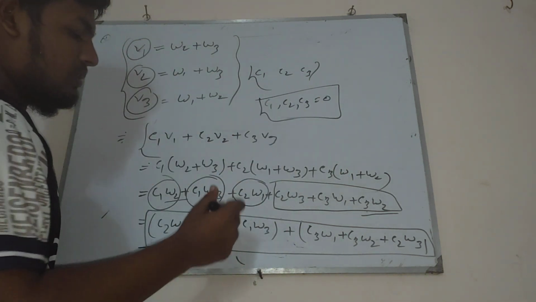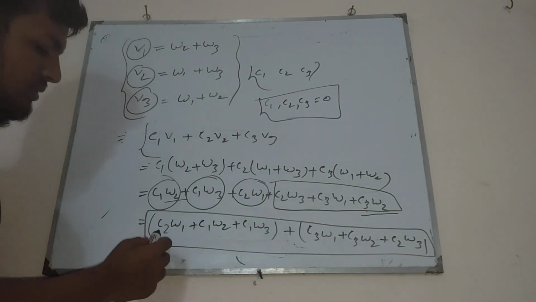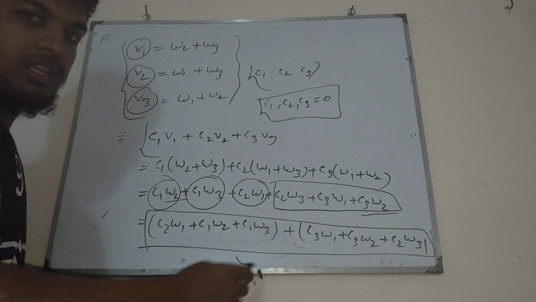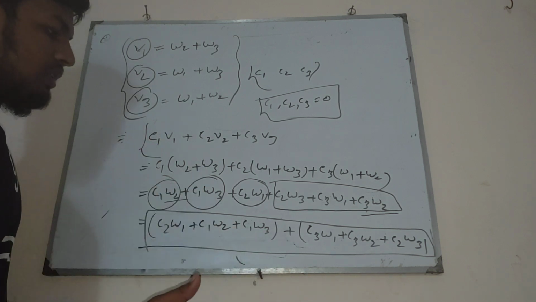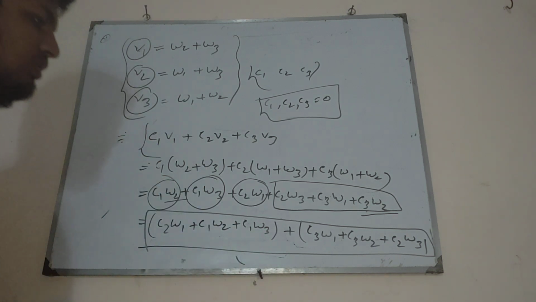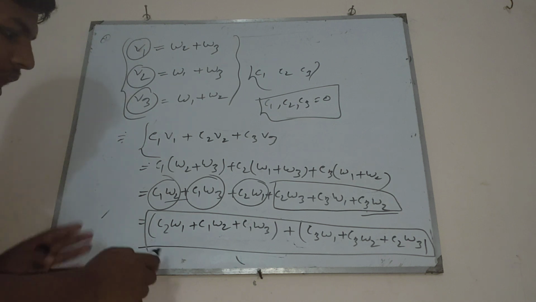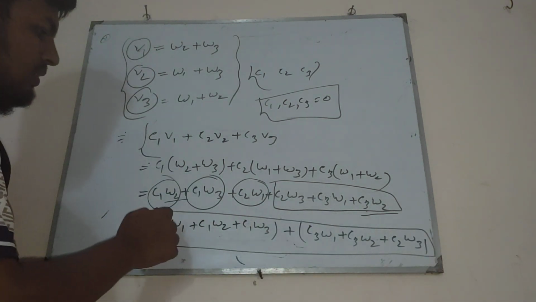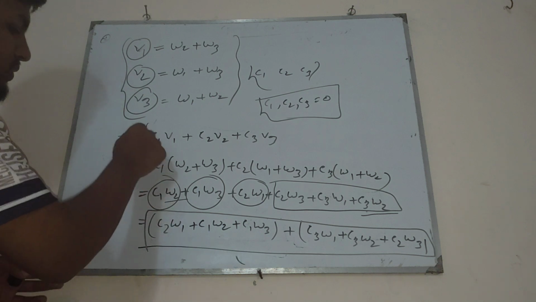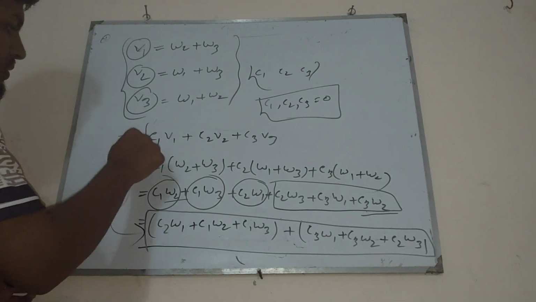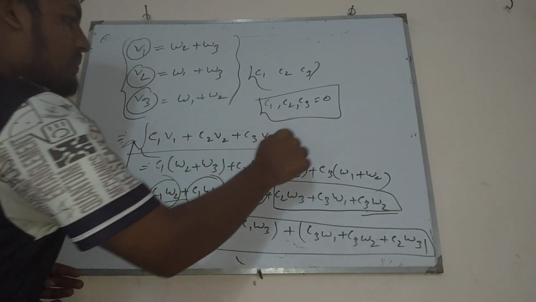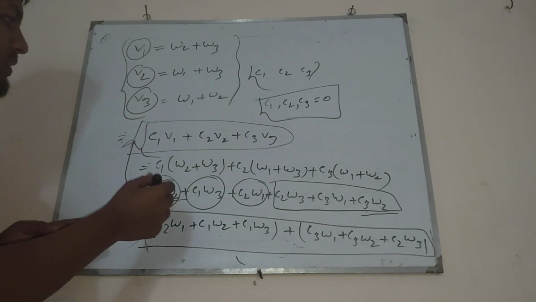So what is the reason behind it? Since w1, w2, w3 are our independent vectors, that's why we can say that. And how do we get this line? We get this from this part of the math.